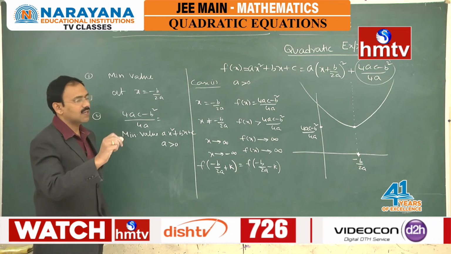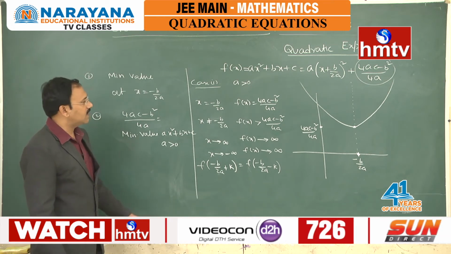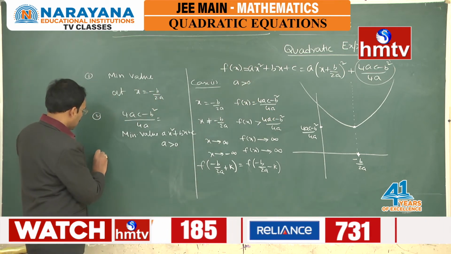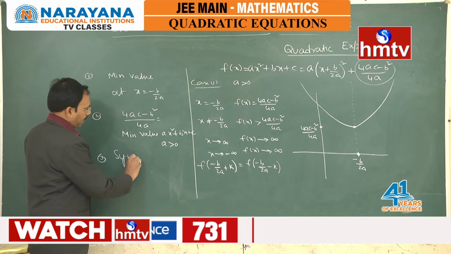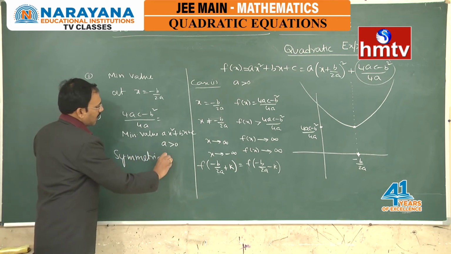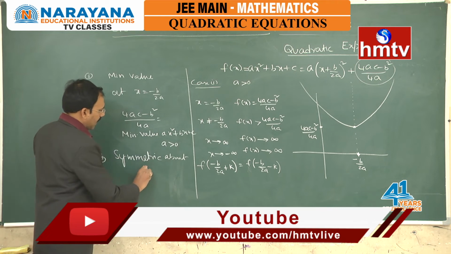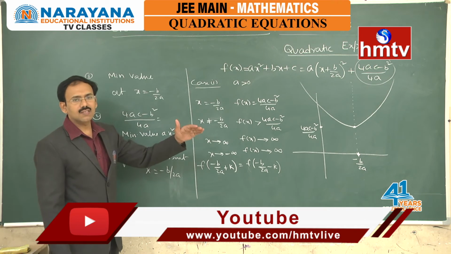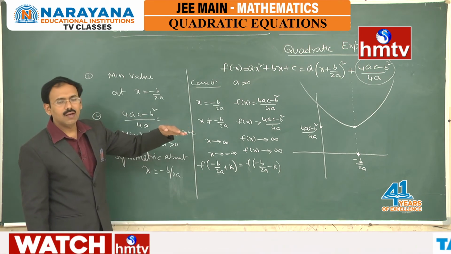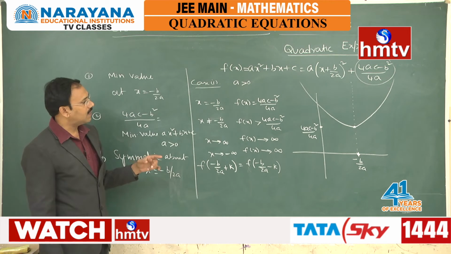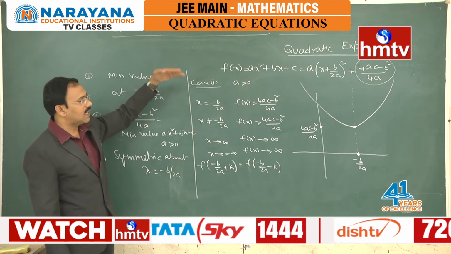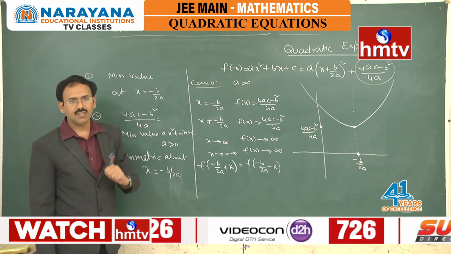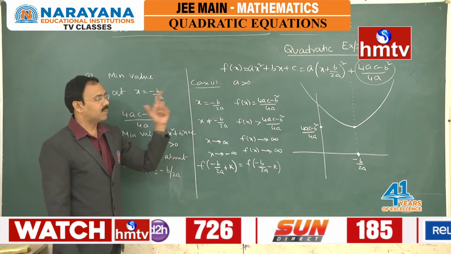That is an important observation. Secondly, the graph is symmetric about the line x = −b/2a. And fourth, we can say the graph is going to be an upper parabola, and its maximum value is not defined as it is going to infinity. These are the 4 observations that can be made from that particular graph.